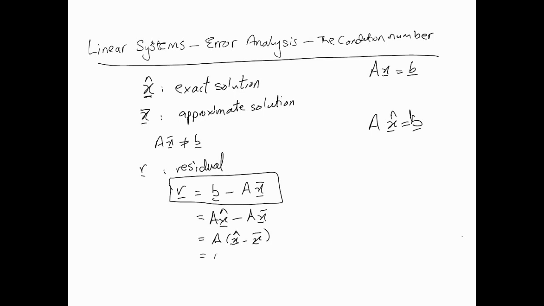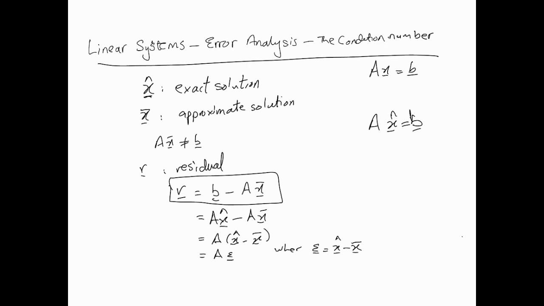Now if I define the vector epsilon as my error, then clearly the error, which you can even see here by definition, is the difference between the exact solution and the approximation.